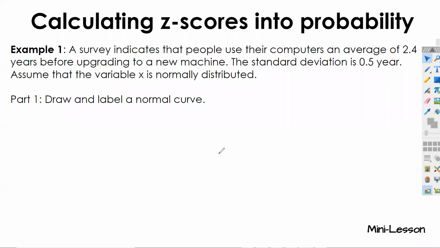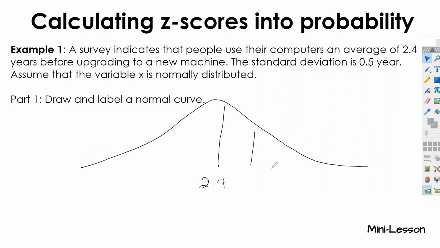So our mean is 2.4. And then they say that our standard deviation is 0.5. Okay, so we're going to add 4 lines. So 2.4 plus 0.5 is going to give me 2.9. 2.9 plus 0.5 is going to give me 3.4. 3.4 plus 0.5 is going to give me 3.9.